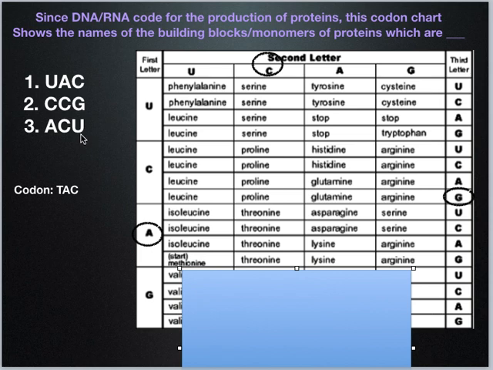This letter should be a U. So I've got to drag this G around. So am I going to use this U down here? Well, if I follow it across, this U, I'm using my mouse, this U is only used when the first letter of the codon is a G. Is my first letter a G? No. So it's not that one.